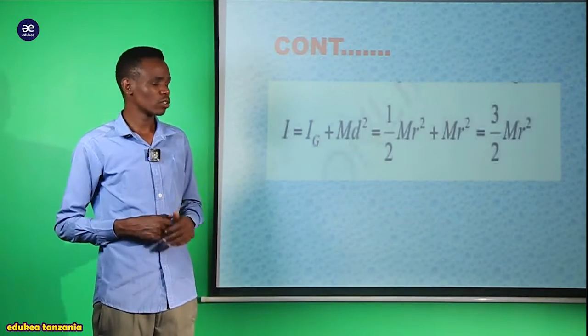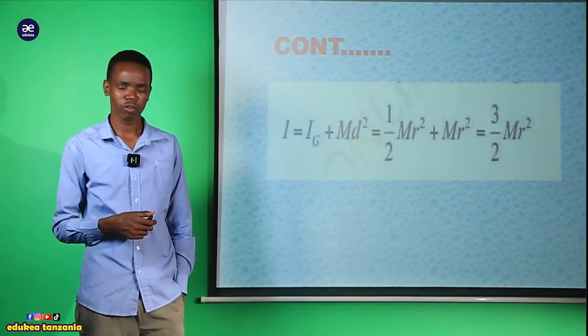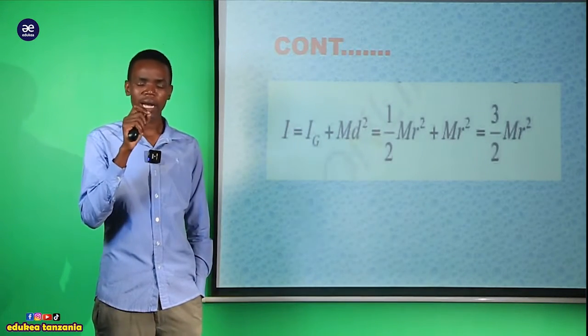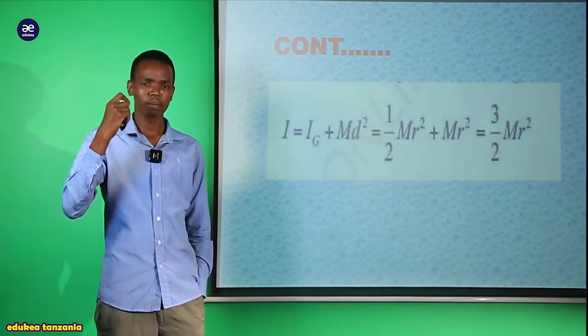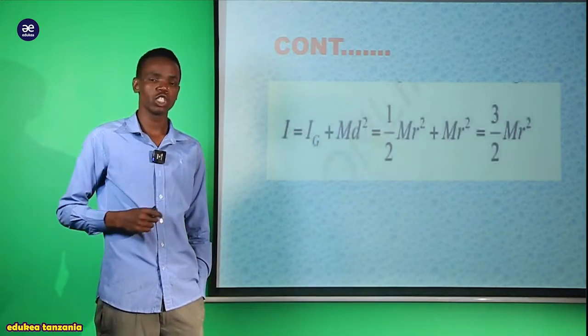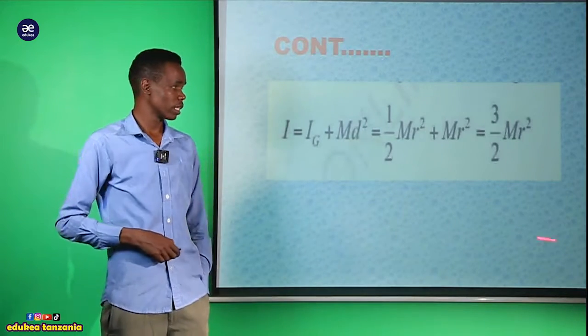So after this, my dear student, let us simplify this to get the moment of inertia, as we have been told that the parallel axis theorem is very applicable for demonstrating the moment of inertia of different geometries like this solid cylinder.